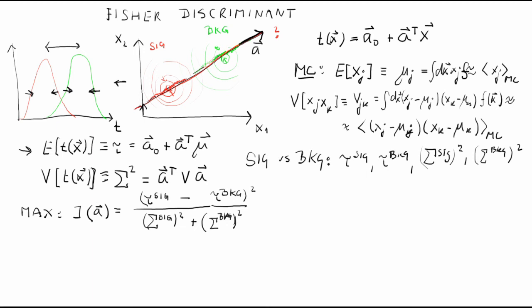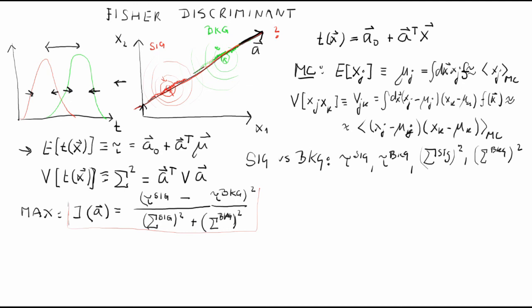Therefore, we have to take them into account simultaneously. J does exactly this. You could argue that maximization of the quantity J doesn't necessarily yield the best possible a vector, but it's clear that the result we get with J will be one of the best options.